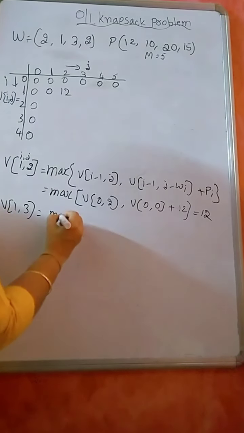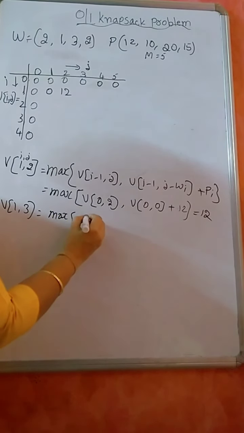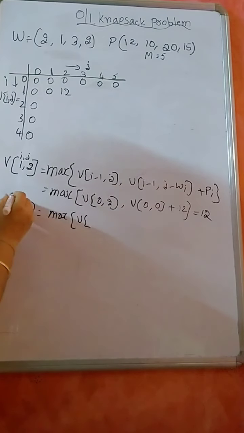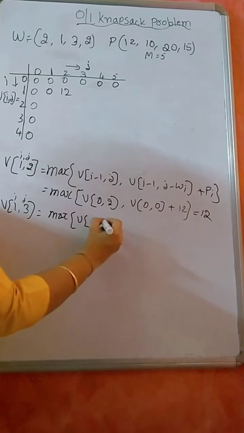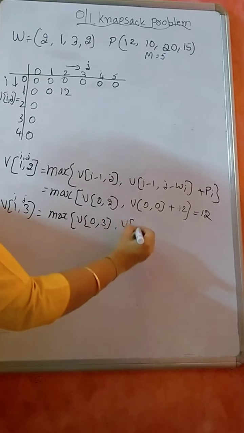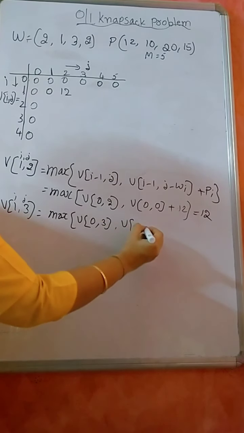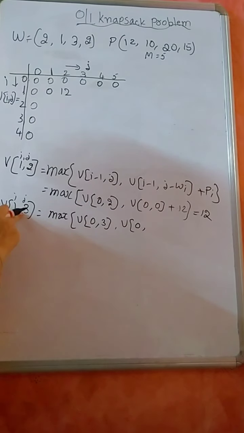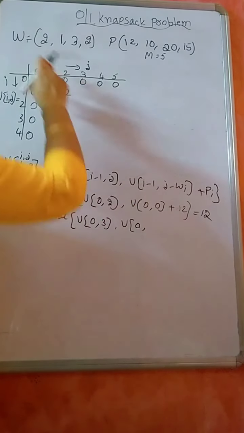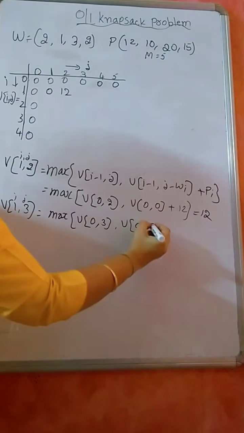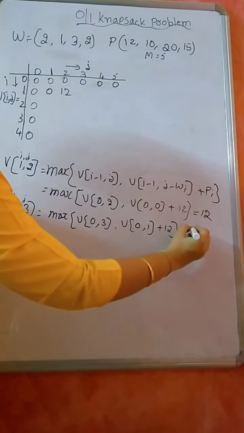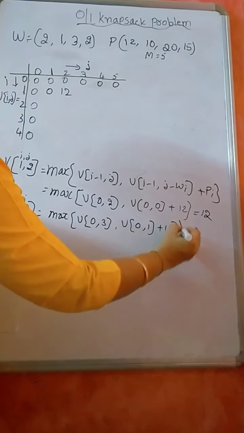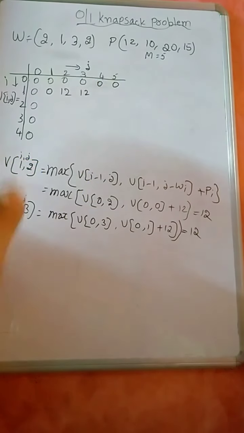So it is max of V of i minus 1, this is i, this is j, i minus 1, 0, j, 3, then V of 0, j minus Wi. What is j? 3. What is the weight of the first object? 2. 3 minus 2 is 1, plus profit of adding this. So what is the maximum? Max is 12. So it is 12.